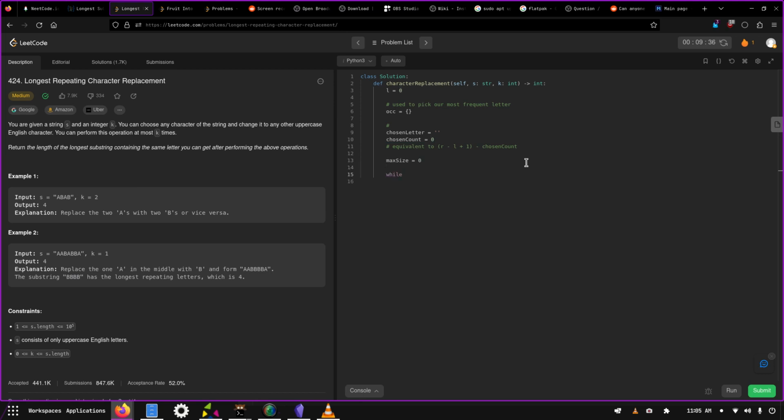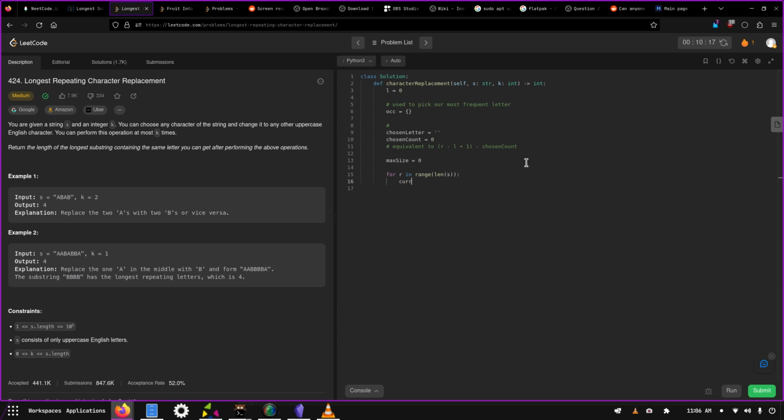But let's try to write the for loop. For r in range length s. Okay. So we should definitely start off by getting the number of characters of this specific character in our substring.